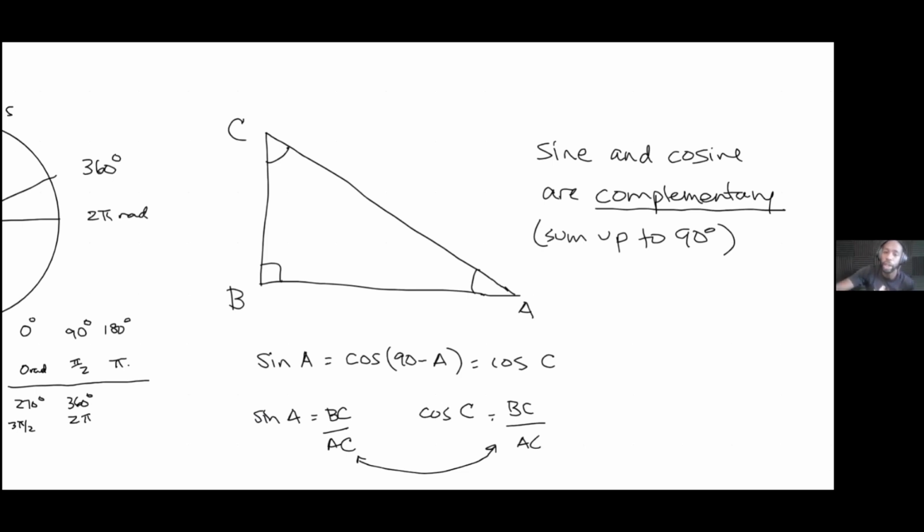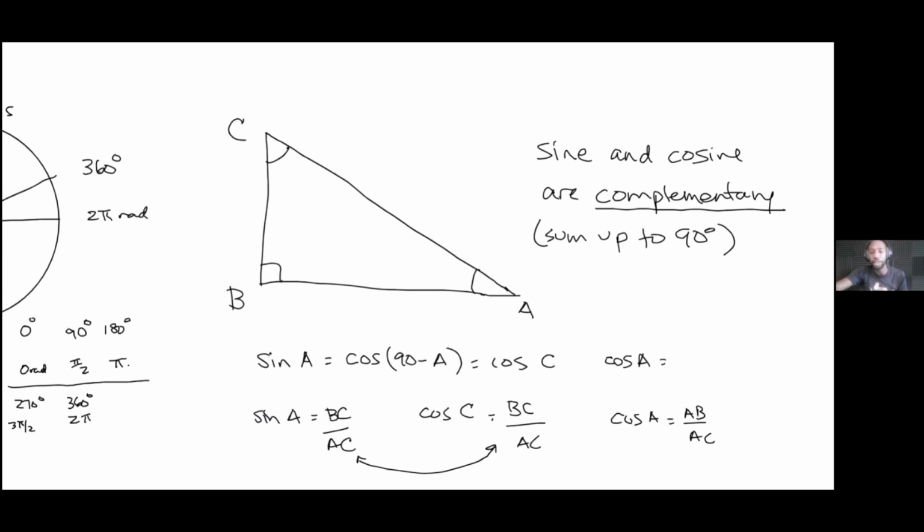What if we were trying to find the cosine of A? How does that relate to sine? Okay. So the cosine of A, we know it's going to be equal to AB over AC, adjacent over hypotenuse. So the sine of what is going to be that?